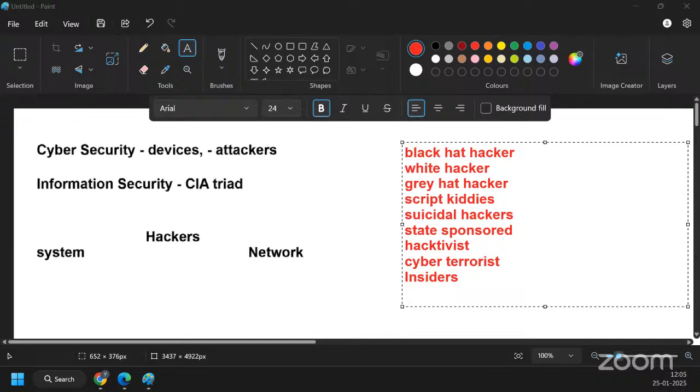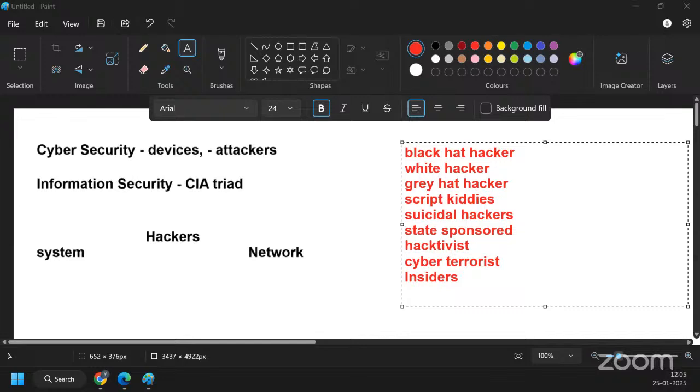The black hat hackers have sound knowledge of the system and the network, but they utilize that knowledge for destructive purposes.